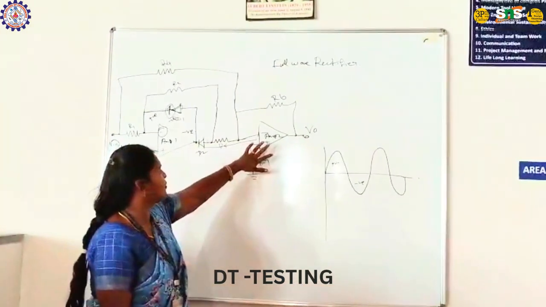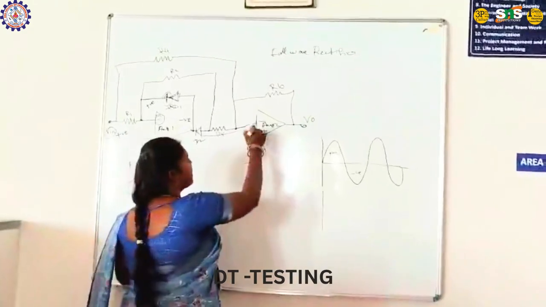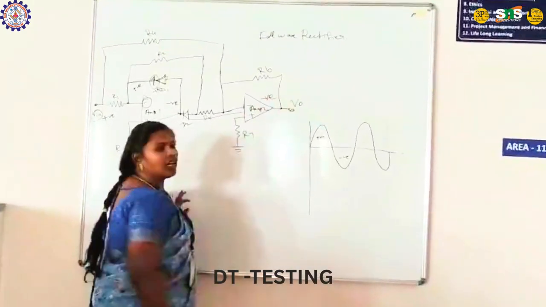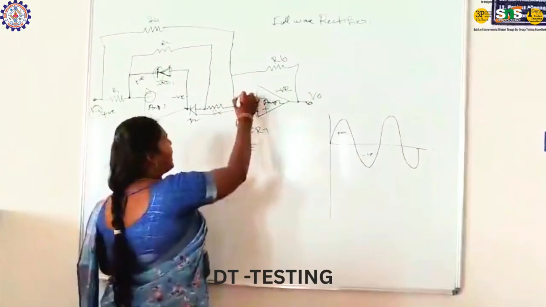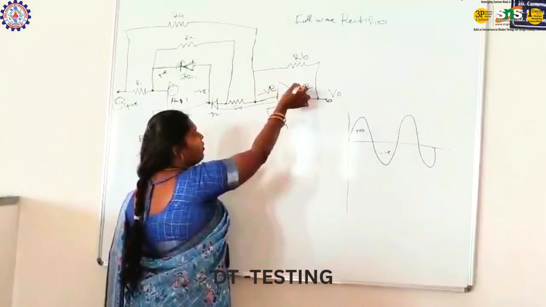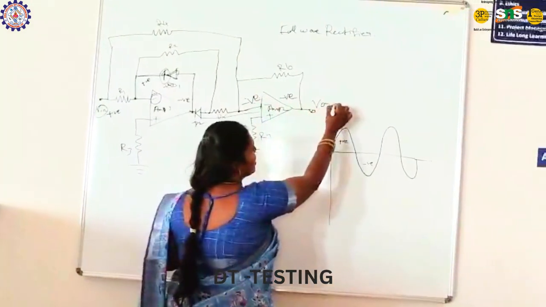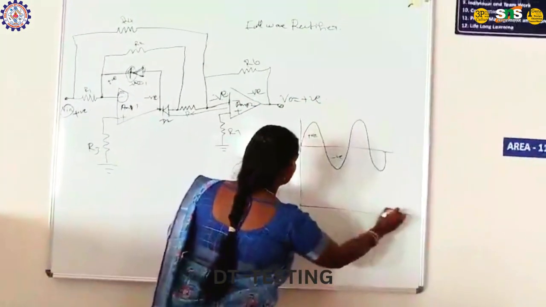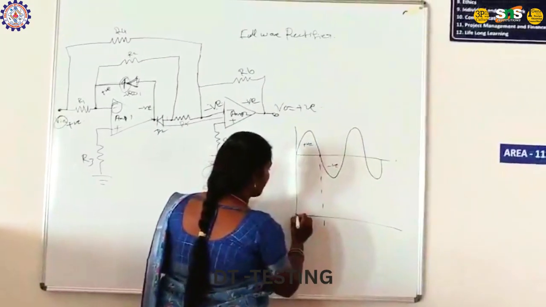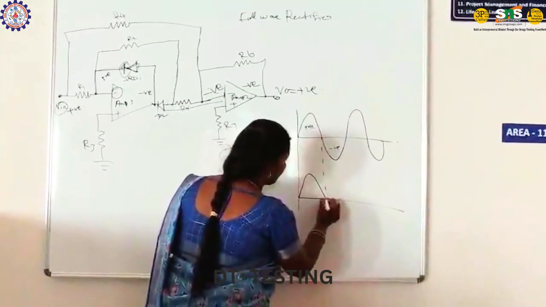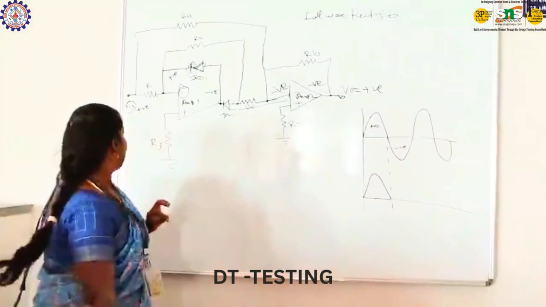So this amplifier 2 will be also enabled. So here also there is again negative signal produced. So I applied signal also negative. So plus into minus into minus is plus output. So that while applying a positive signal, I will get only positive peak.